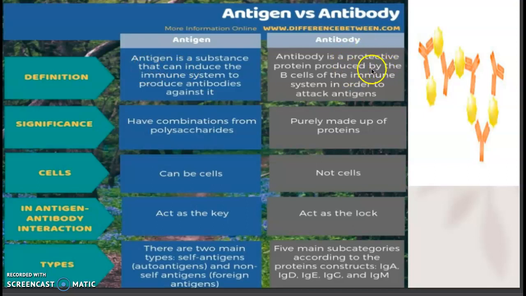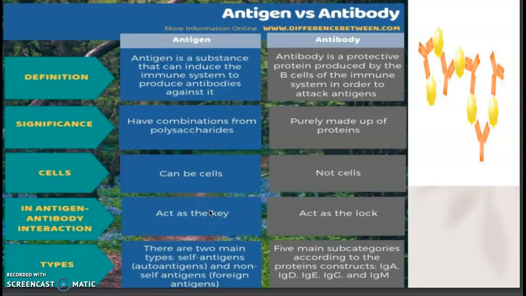An antibody is a protective protein which is produced by B cells of the immune system in order to attack antigens. Mostly antigens are made up of combinations of polysaccharides and antibodies are made up of proteins. Antigens can be cells, and antibodies cannot be cells. So both of them act as key and lock.